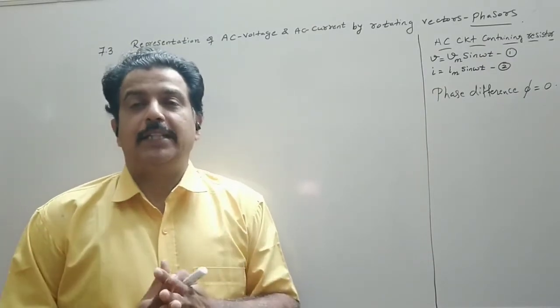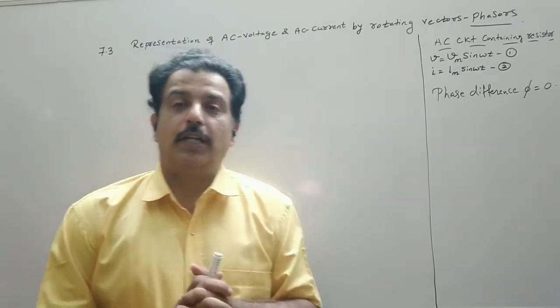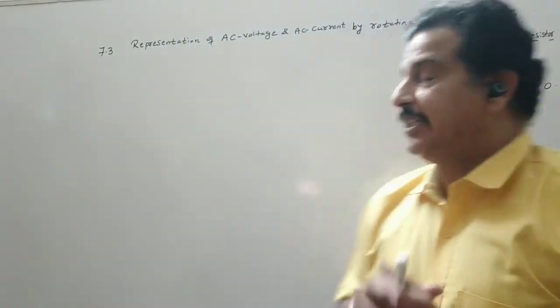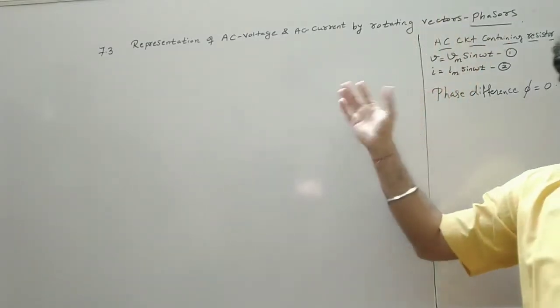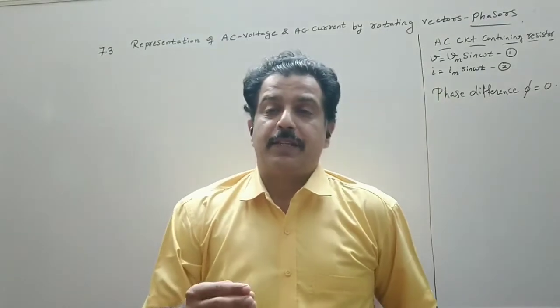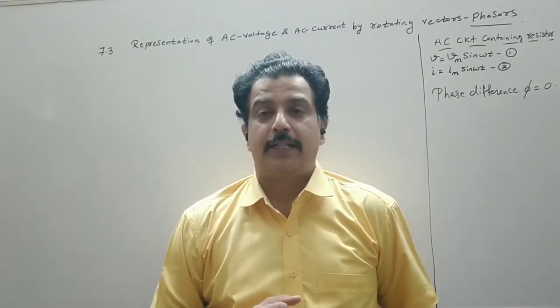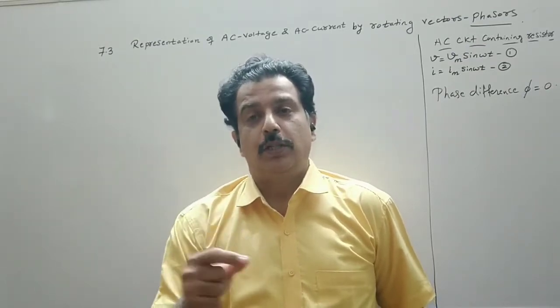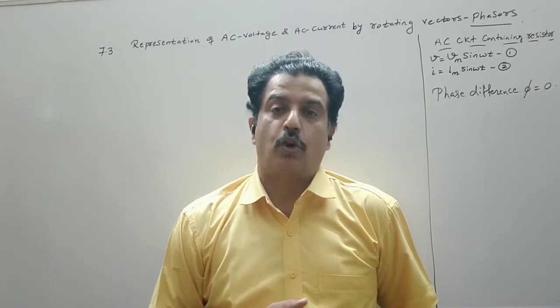So we represent V and I by a new terminology which is called as a phasor. So phasor is nothing but a rotating vector. A rotating vector here means whose value or a direction will change with respect to time, and its magnitude or the peak value, or you call it amplitude, will remain constant.